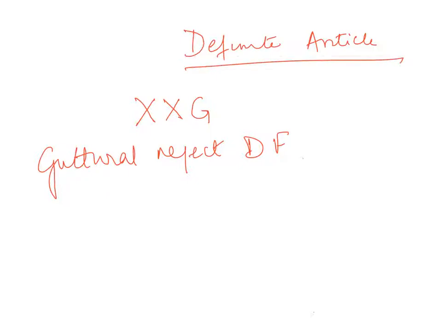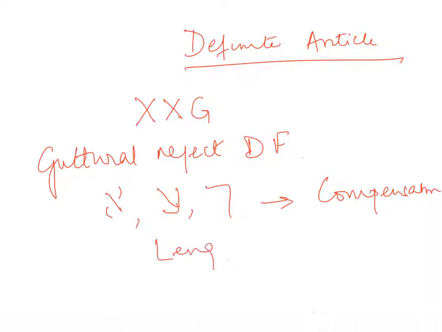If the first consonant of the noun is an aleph, or an ayin, or a resh, then compensatory lengthening takes place. Now, what is compensatory lengthening?